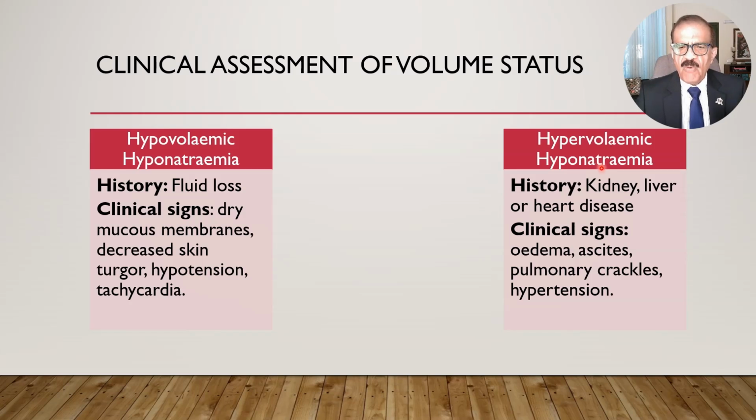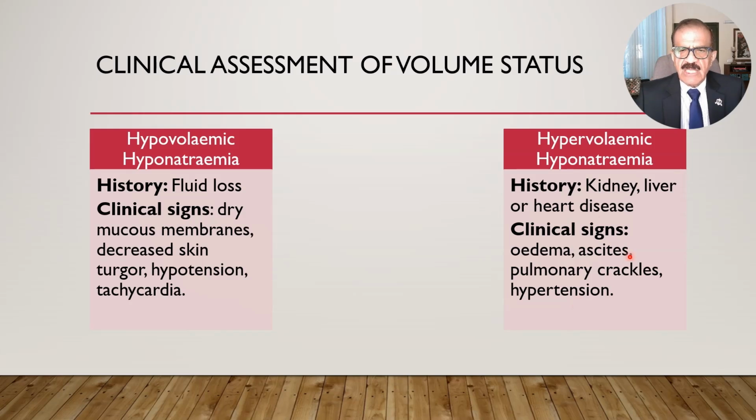The volume of the body is increased, but sodium is reduced. Now, the clinical signs in these conditions would be presence of edema, which is mostly dependent, and also pitting, and there may be ascites, there may be pulmonary crackles indicating pulmonary edema, there may be reduced air entry on the lung bases indicating pleural effusions, or there may be hypertension.